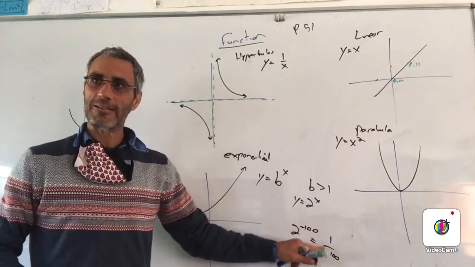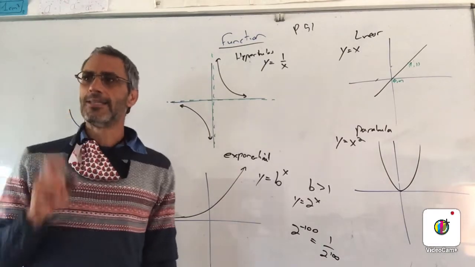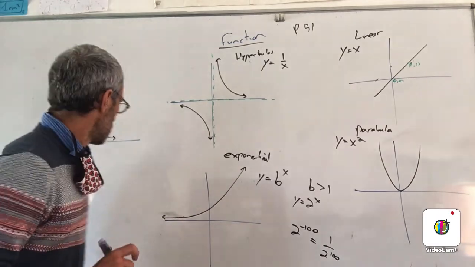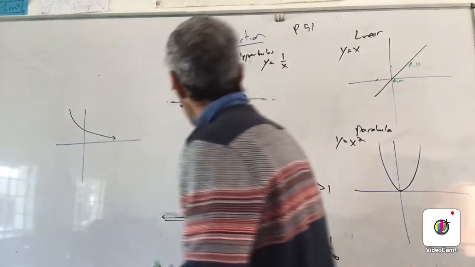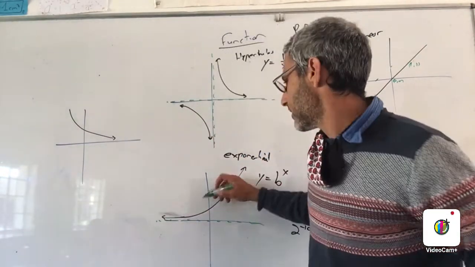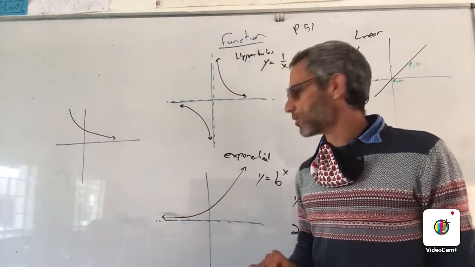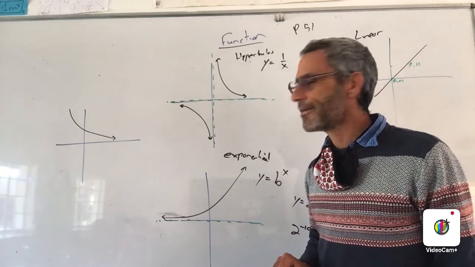If you have 1 divided by a very large number, you get a very tiny number. We have a horizontal asymptote here. As x approaches negative infinity, this line never really crosses the x-axis.